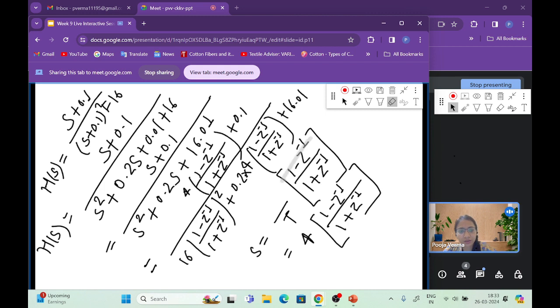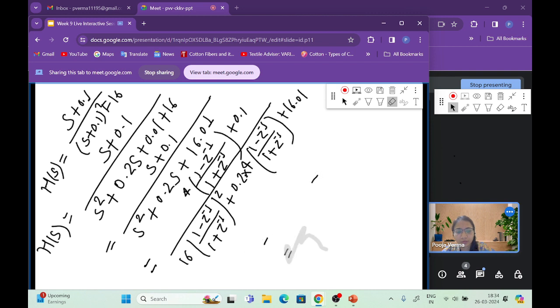Okay, so now I'm moving from here so that we can solve the whole question. Now solve this equation in order to find the solution. So here it is 4, 1 minus z inverse.